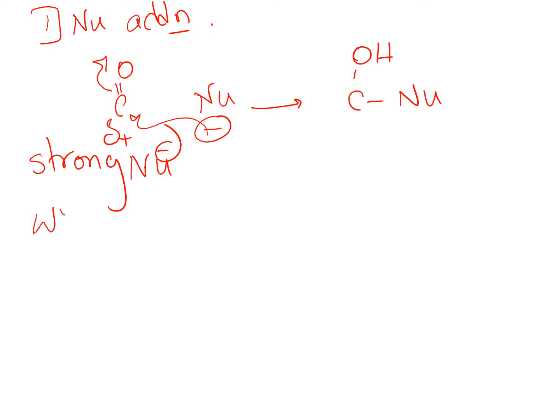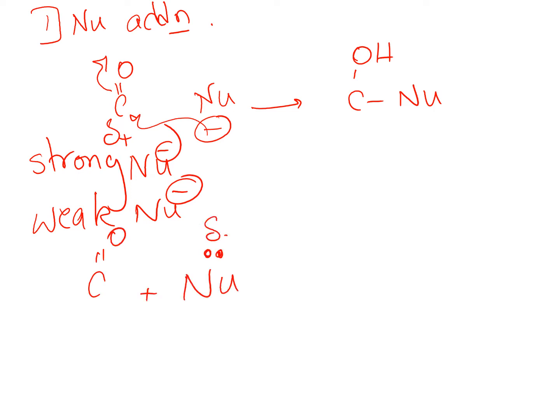However, if you actually have a weak nucleophile, this will not be the case. Why is that? Because your nucleophile is only carrying a partial negative charge or a lone pair of electrons. So it does not have a full negative charge, so it's incapable of attacking a carbon that is only carrying a partial positive charge. It needs a carbon that is carrying a full positive charge.